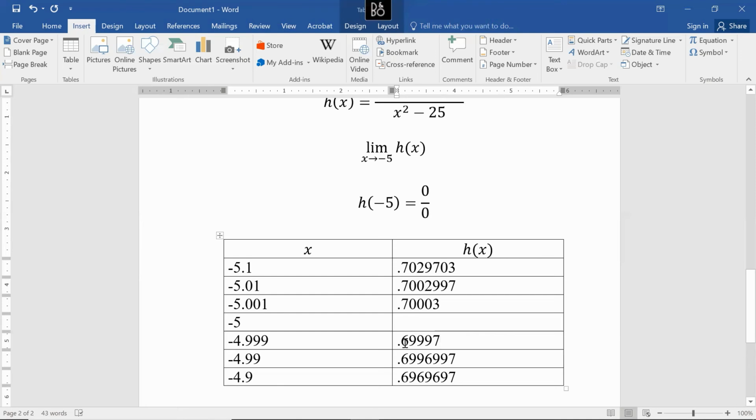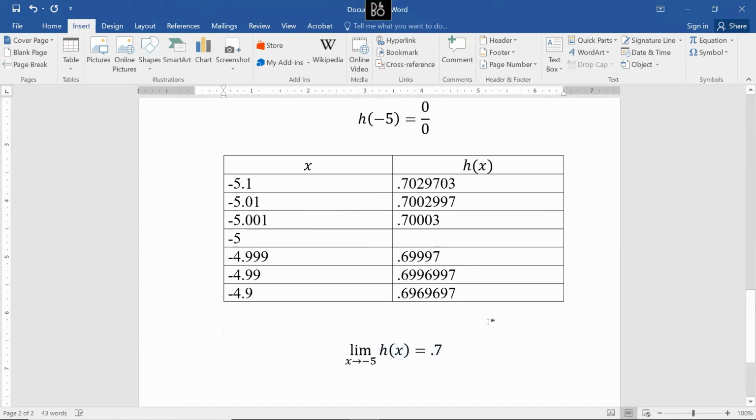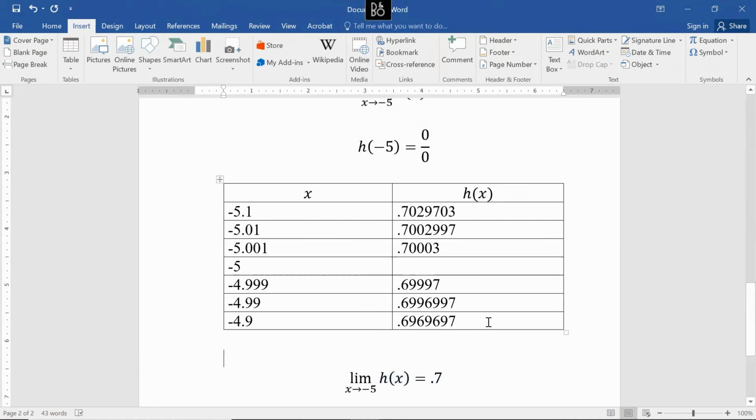So you're getting closer and closer to 0.7 as you tend towards -5. So as the x value tends towards -5, the function value tends towards 0.7. All right, that's the idea. So even though you can't plug in a -5, you can, in fact, find a limit for that.